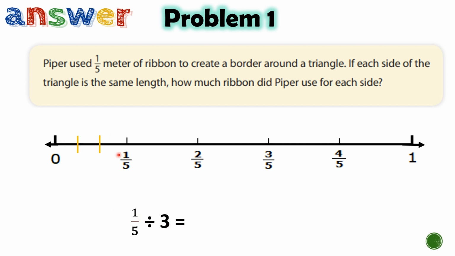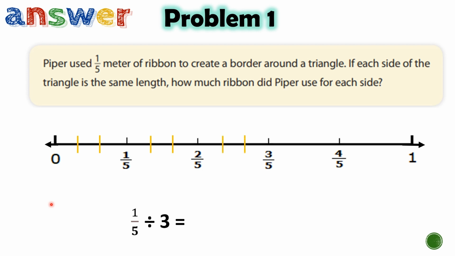But if you notice, if we only partition this interval or this fifth, then when you look at the whole, each part will not be equal. And remember that we're saying that a fraction shows equal parts of a whole. So what we have to make sure that we do is to partition the other fifths into 3 equal parts as well.